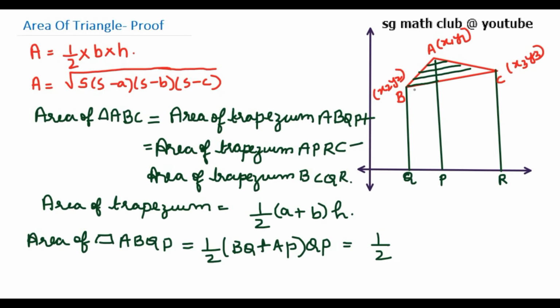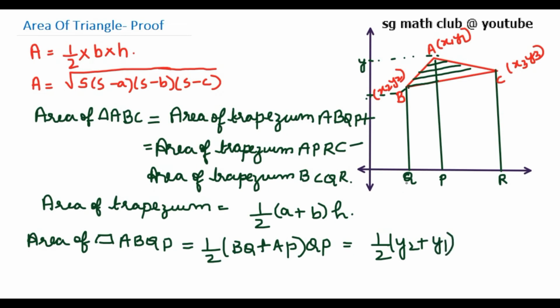What is the distance of BQ? It is the perpendicular distance from the x-axis, which is the distance from 0 to here, this is y2. So BQ will be y2. The same way, AP will be y1, the distance from 0 to y1, into QP.